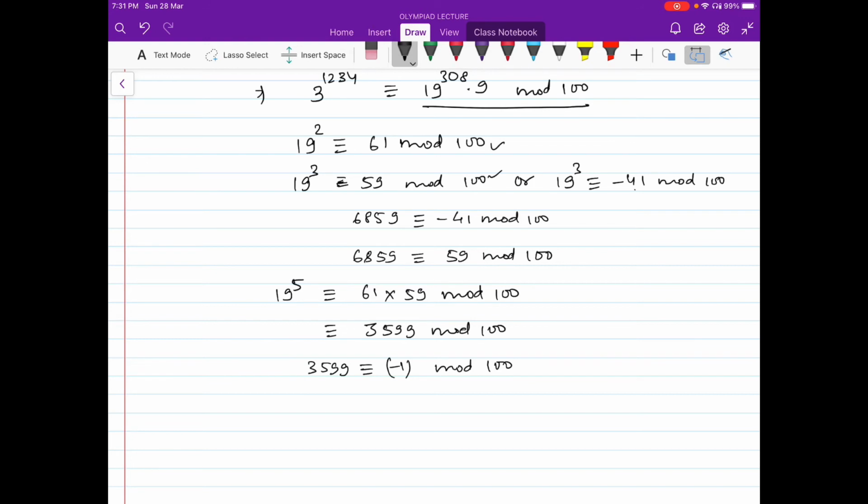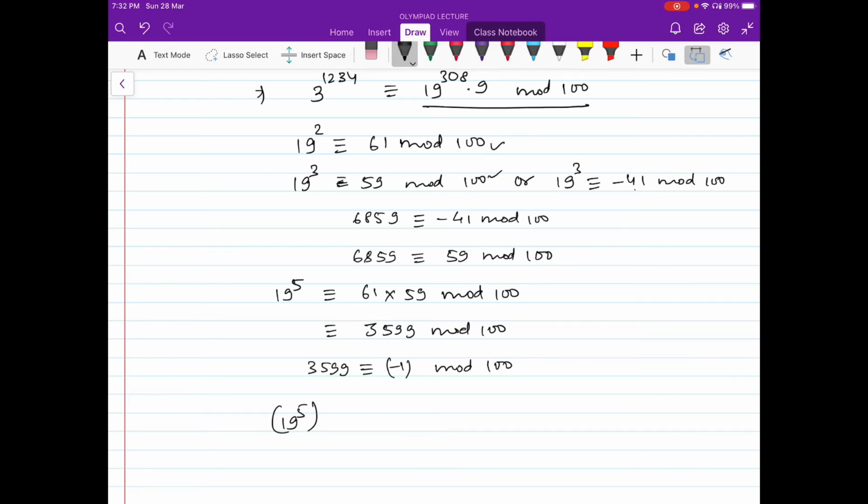right? So we need 19 to the power 5 whole to the power... See, we required here 308. So what we will do, we will raise the power so that we will have 308. So we can't get a multiple of 5 that will become 308.